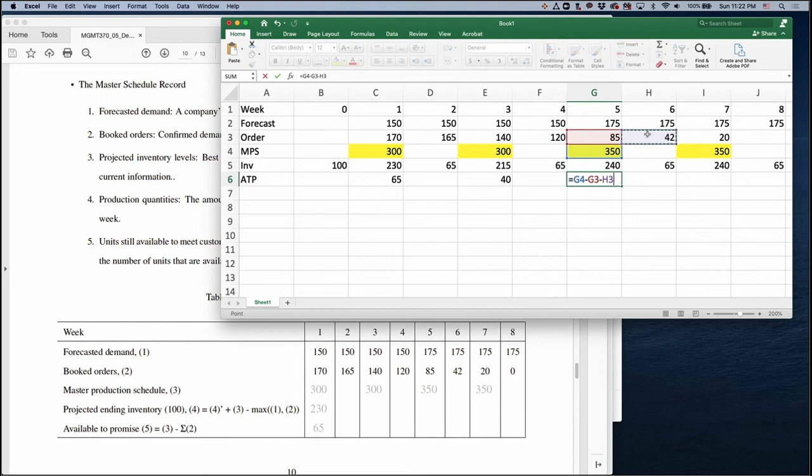The remaining 223 are available for future incoming orders. How about this one? Again, your available is 350, but you already have 200 in orders in these two periods. That is period 7. Your available to promise is 330.